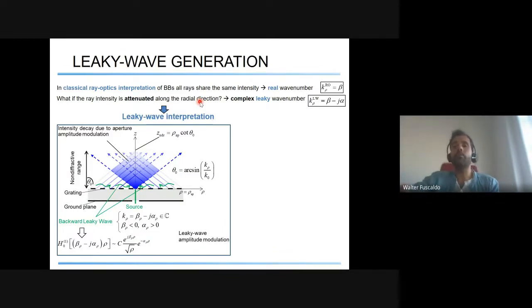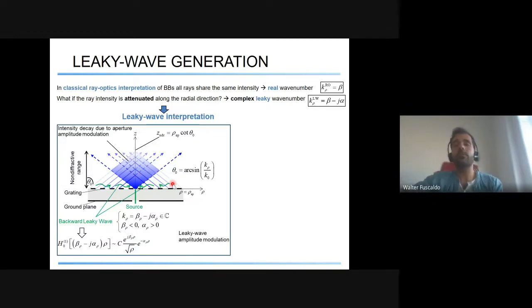Well, in principle, we can think of this complex ray as a ray with a complex weight that basically accounts for the attenuation of the ray along the radial direction. As a consequence, each ray will have a decreasing power reaching the axis of symmetry of the structure.